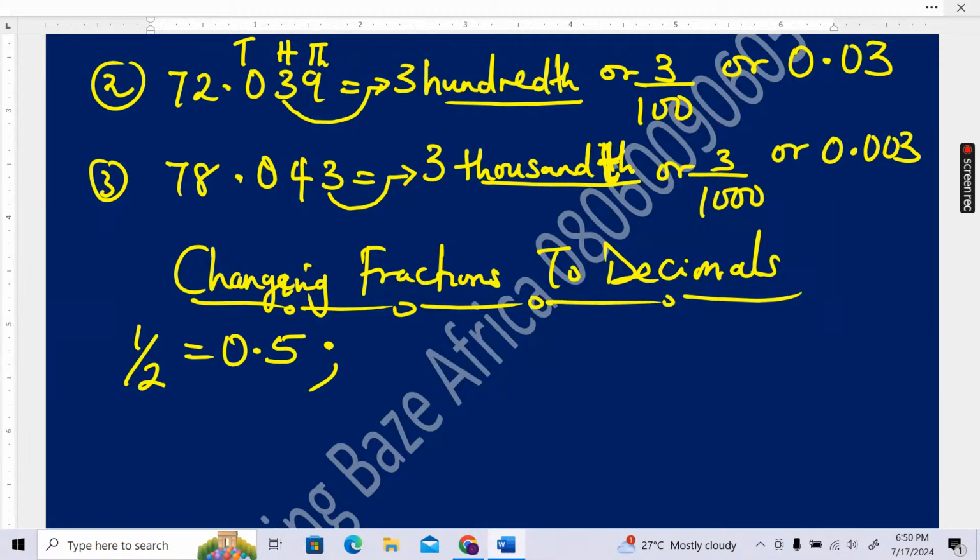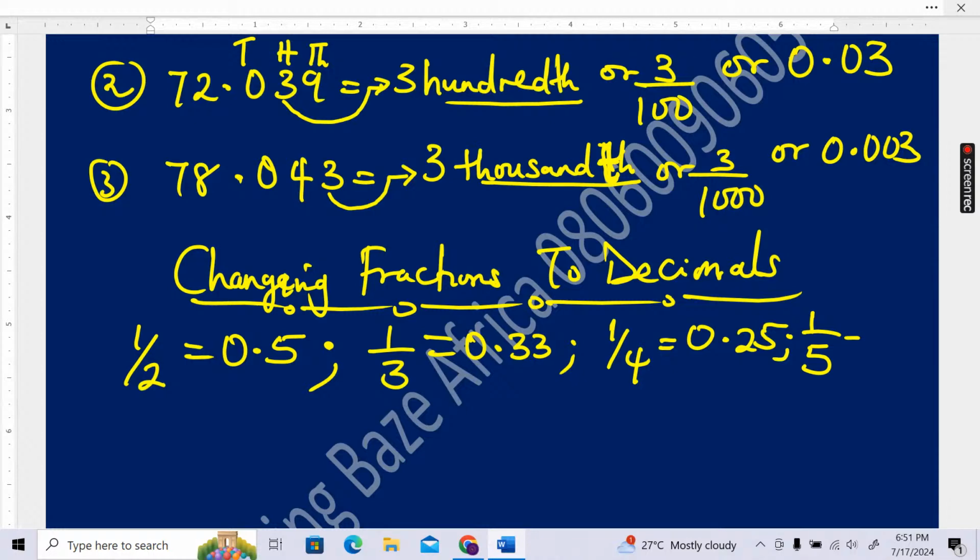I also said that 1 over 3 is known as 0.33, repeating. The next one is 1 over 4, which is known as 0.25. I also made mention of 1 over 5, which is known as 0.2, and so on and so forth.